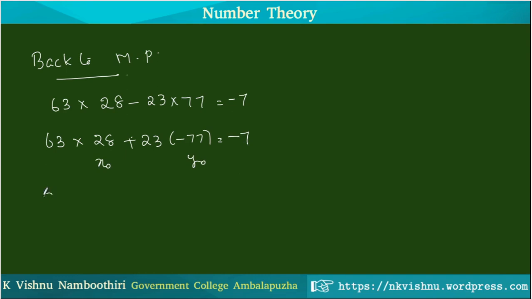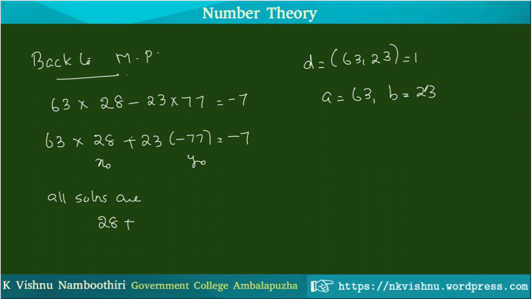So all solutions are given as follows. So what is d in this case? d is the GCD of 63 and 23, that is equal to 1. And now a is equal to 63, b is equal to 23.